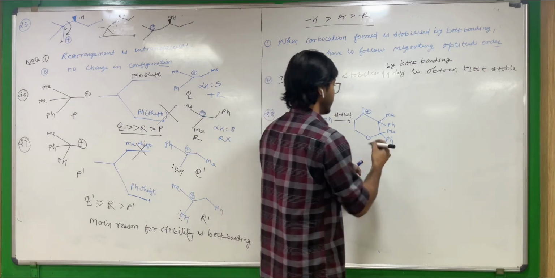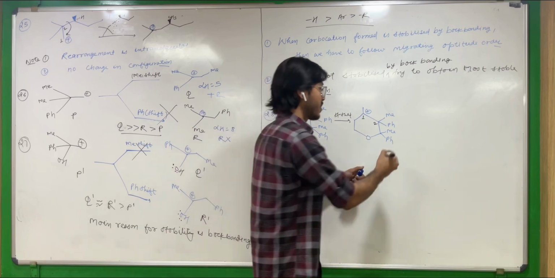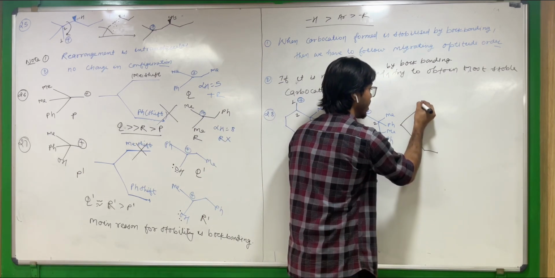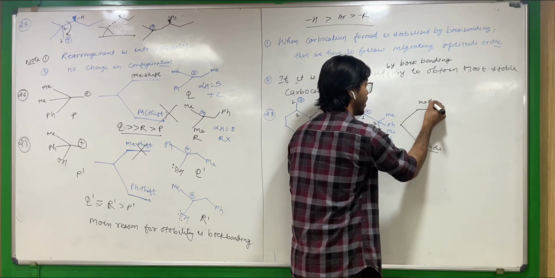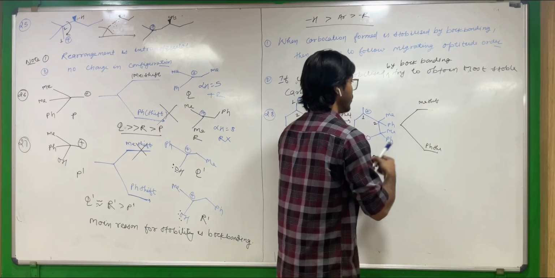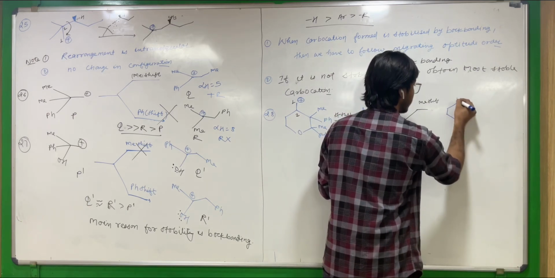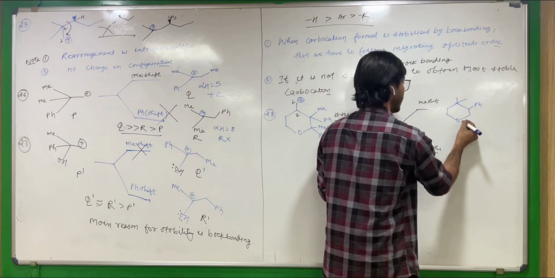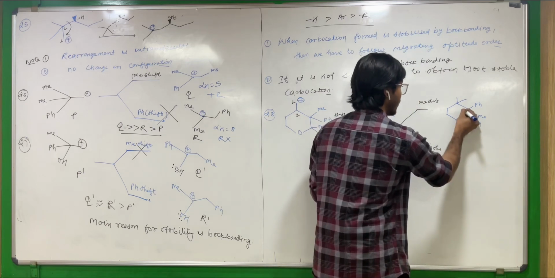Now in this case, if this is carbon number 1 and this is carbon number 2, we have two possibilities. We can do methyl shift, and we can do phenyl shift. If we do methyl shift, the product formed will be this: Ph, here Me will come, and here the positive charge will come.